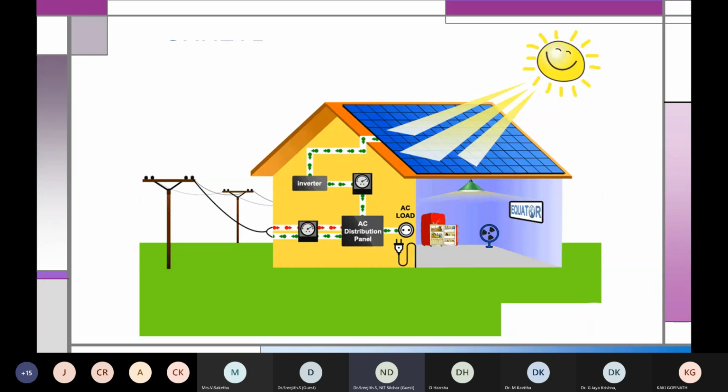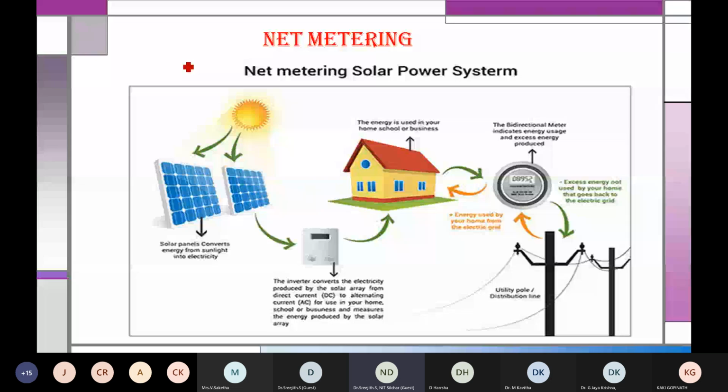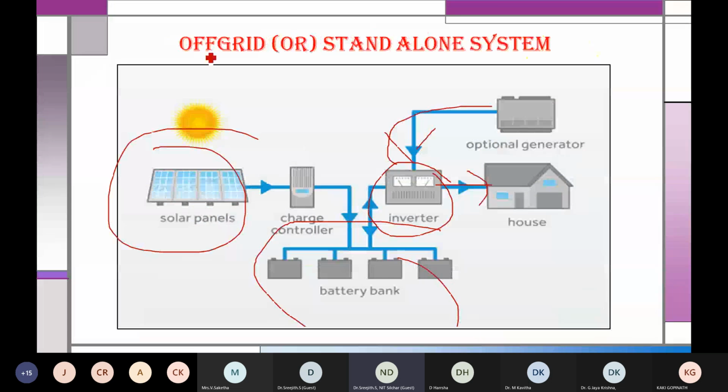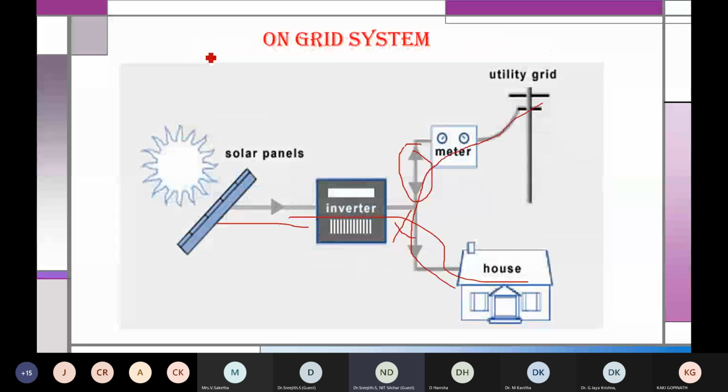So assuming that I have a rooftop solar panel here. Consider that one fine day, the time is 3:30.